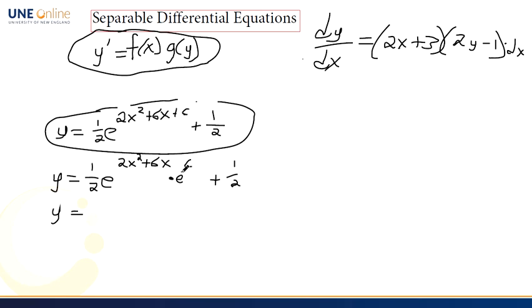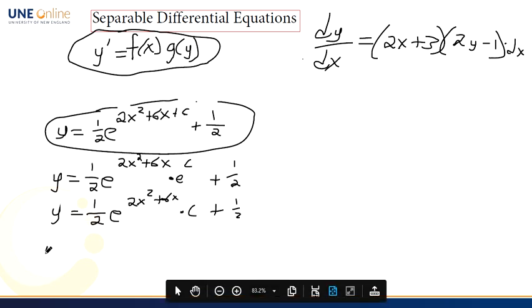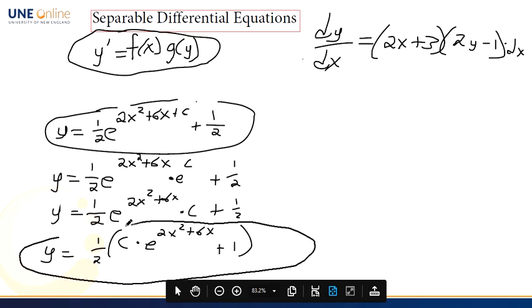So e to the power of an arbitrary constant, that's just c. So this is like times c out here. So you can make things a little bit cleaner if you factor out a 1/2 from everything. And then we have this arbitrary constant c that we'll just write out front. Okay, so that's a cleaner version of our solution, and that's probably what homework software is going to be looking for.